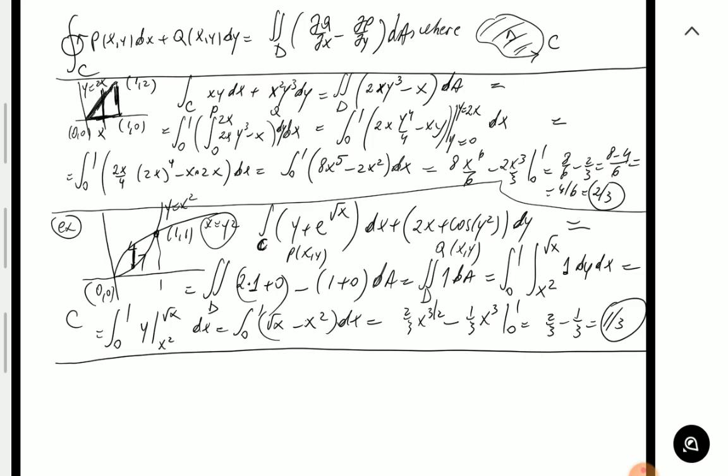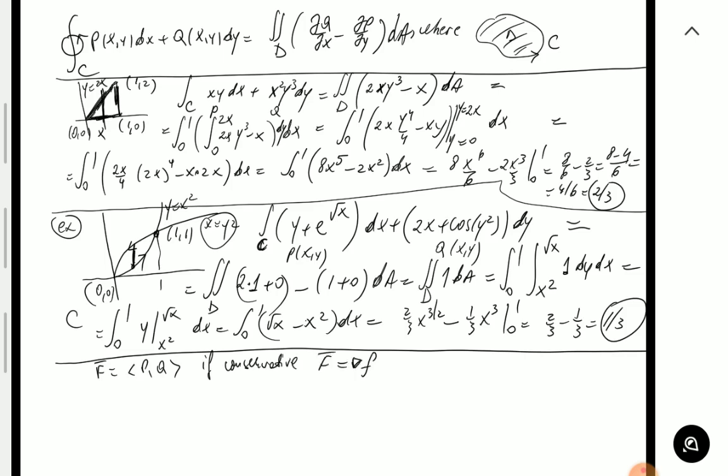So, and this is actually quite important. Maybe I should have stated this from the beginning, but it's not a problem. We can deal with it right now. Let's make a connection one more time with conservative vector fields. What does it mean for a vector field with the components P and Q to be conservative? If conservative, that means it has a potential.